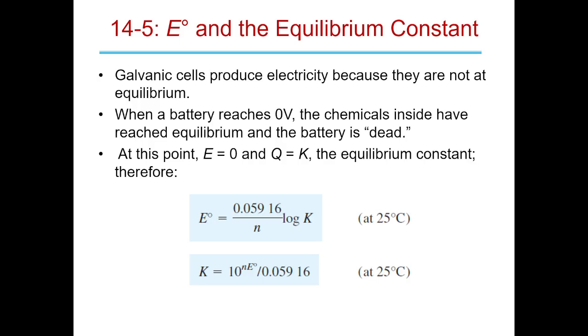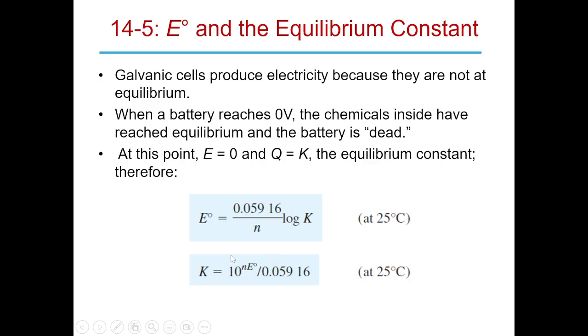Okay? Notice these are not 0. See that? So your E naughts are not 0 usually, except for SHE. And they are not 0 for K, typically. Okay? All right.